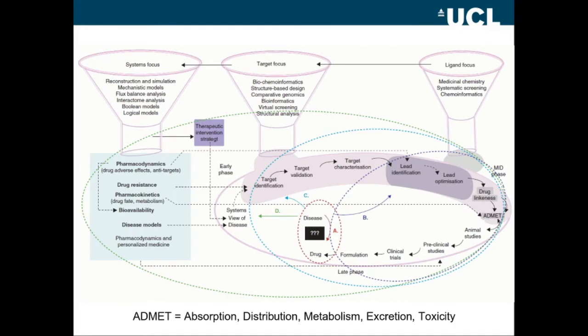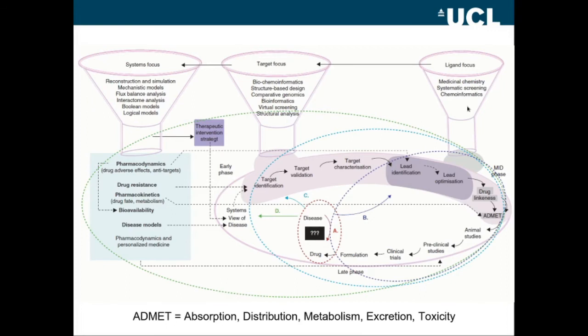We're looking at things like ADMET, that's absorption, distribution, metabolism, excretion and toxicity. We then go through animal studies, preclinical studies, clinical trials, formulation and finally producing a drug. Now, as we illustrate at the top right here, this is really a ligand focus approach. We're using medicinal chemistry, systematic screening, chemoinformatics approaches to do this.